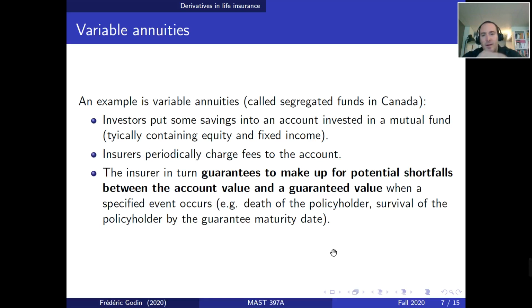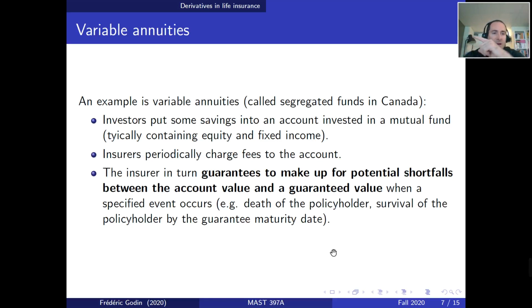So in the variable annuity contract, the insurers will periodically charge fees to that account. So let's say every year they're going to charge 2% of the account as fees. But in turn, they will guarantee to the policyholder a minimum level of benefit, where, would there be no guarantee, the benefit would be equal to the account value at the maturity date of the contract.